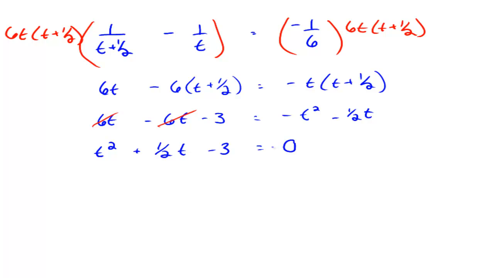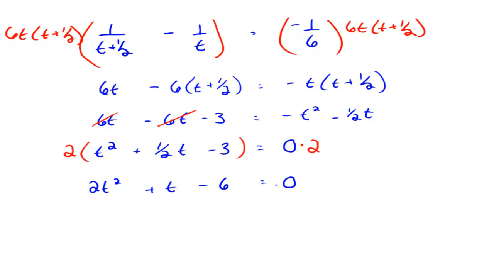I don't really want to AC that because of the fraction, but again, because this is an equation, I can multiply both sides by any non-zero number that I like, and I'm going to choose 2 here to make that fraction go away. So I'm going to be left with 2t squared plus t minus 6 is equal to 0.